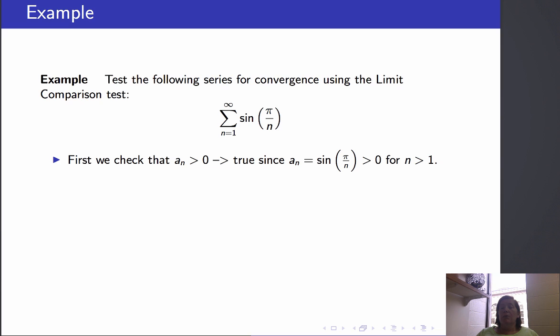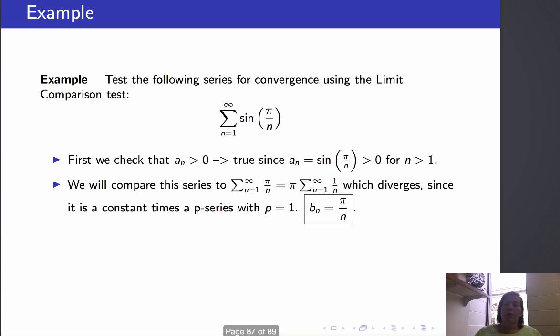So I can apply the limit comparison test if I can think of some series to compare this given series to. Now remember back in Calc 1 we had that the limit as x goes to 0 of sine of x over x equals 1. And here the x would be pi over n, so the limit as n goes to infinity of sine of pi over n over pi over n would be equal to 1.